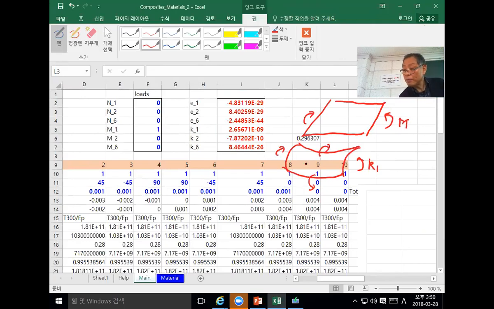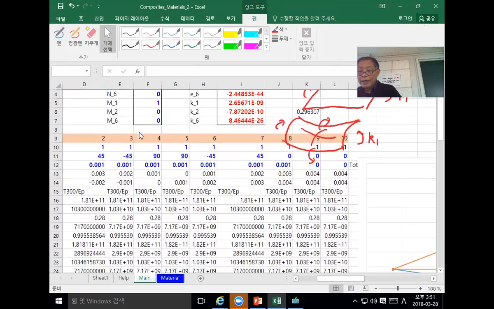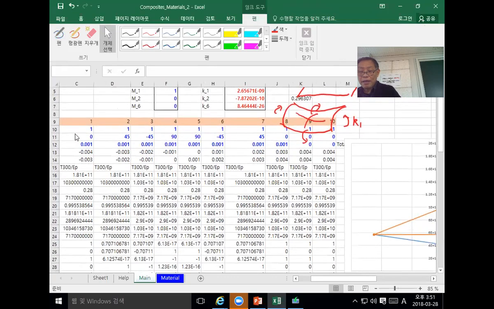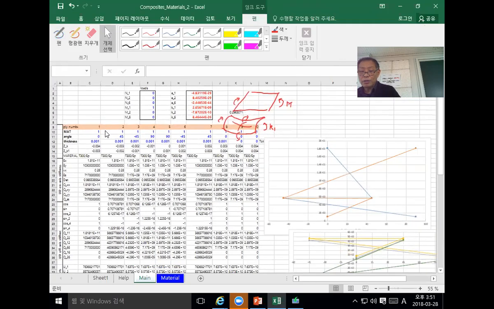Okay, so this is this way, and that is the other way. That's the meaning of the minus curvature. This is called anti-curvature. It happens to any material, any structure, even for isotropic materials. So that is a very important observation. And you can play with many different angles, many different loads, and so on.